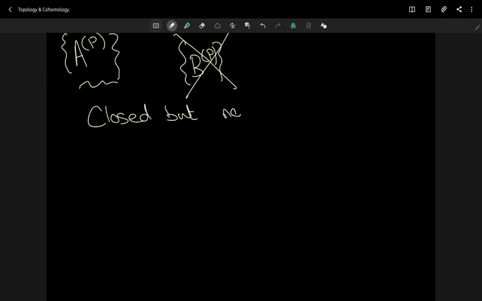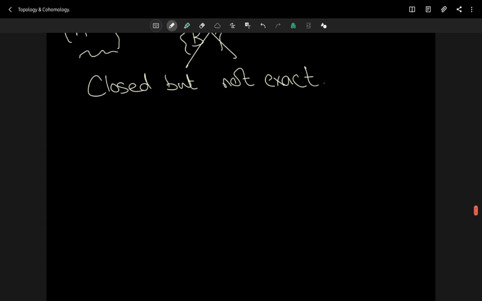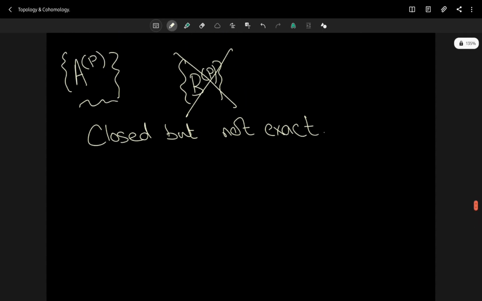And these end up giving us very useful topological information about a space, and that's why we are going to focus purely on this one.